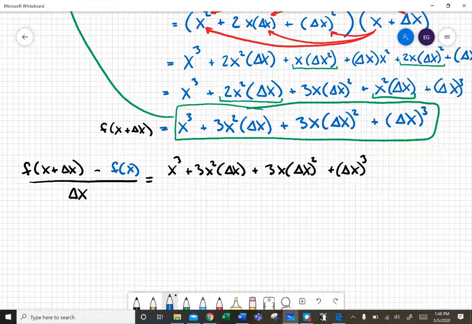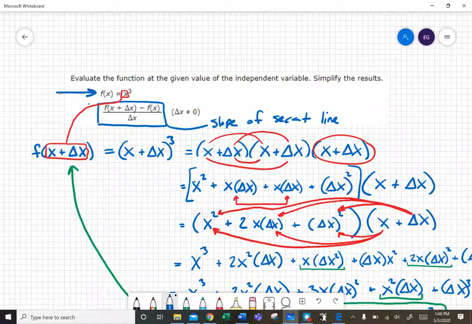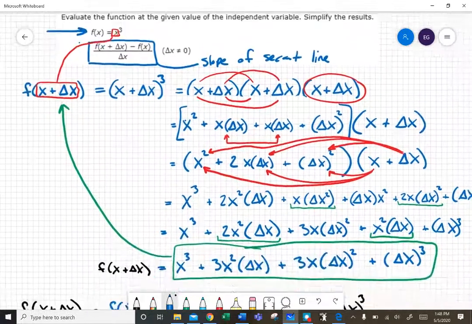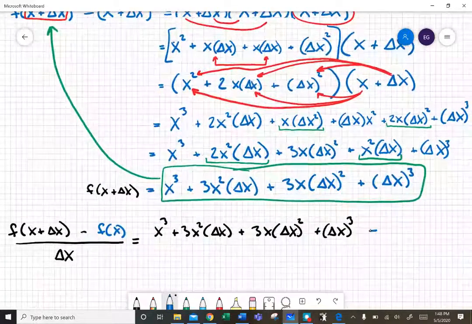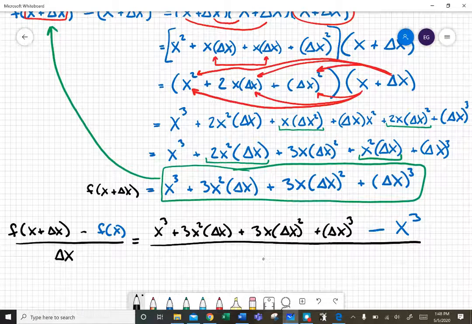And now we have minus f of x. Our original function f of x is x cubed, so we'll subtract off an x cubed. And we have all of this over delta x.